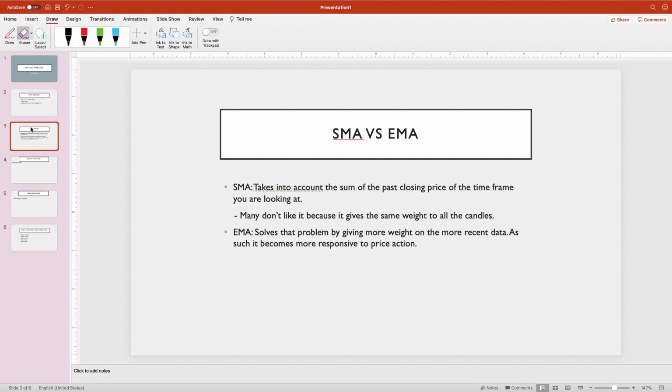Because of that, it is more responsive to the price action, and that makes it a little bit more volatile. So if you're day trading or swing trading, and you are looking at data to make a decision that is reflective of the current trend, you would most likely use the EMA instead of the SMA, because it is more responsive to the stock market as it is happening now.